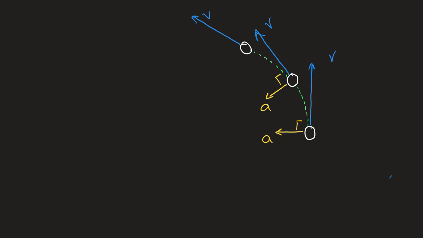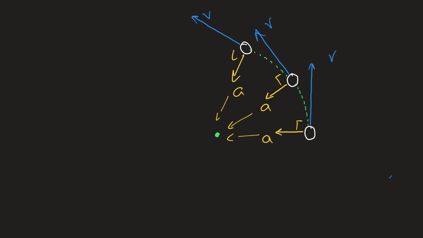This is a unique set of circumstances that produces a unique acceleration that is always perpendicular to the velocity. And if you look clearly at this picture, all of these accelerations tend to point to the same place. That place is the center of curvature.